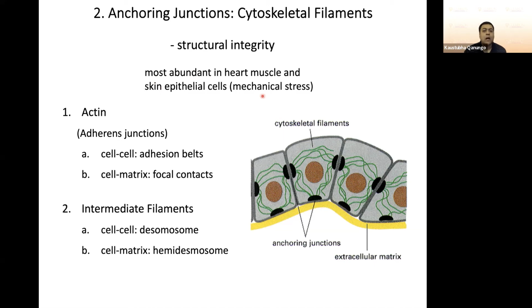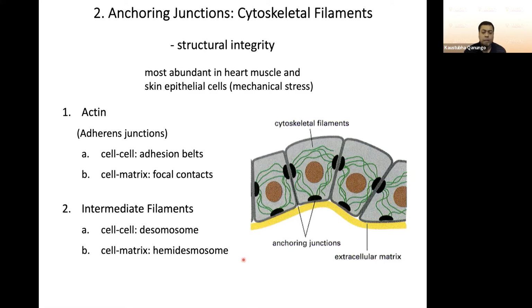As well, which is not mentioned, not needed, but they are also present in the blood vessel because blood is flowing constantly. They are present all the way from inside your mouth to the anal opening, all throughout the gastrointestinal tract. They do have these particular anchoring junctions because you have mechanical movement of material.